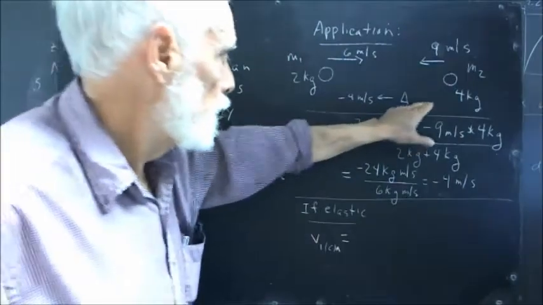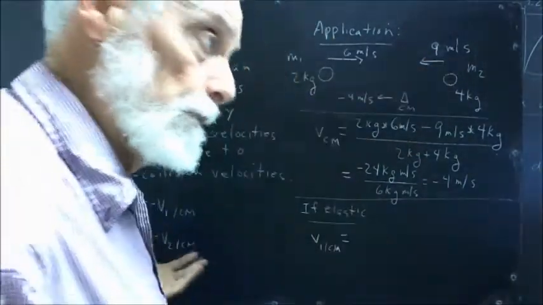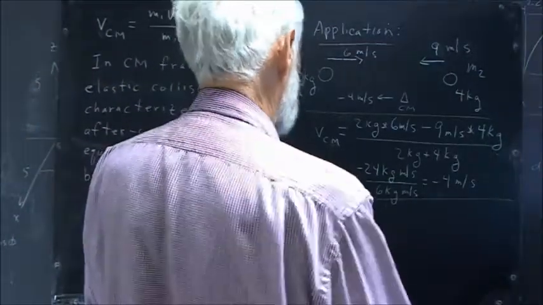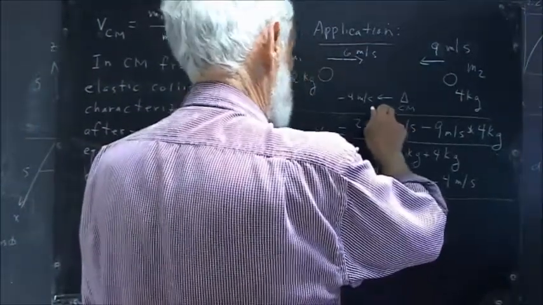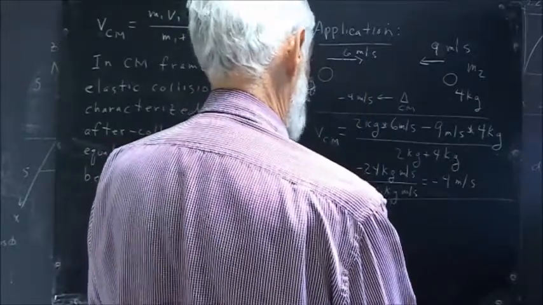Okay, well, relative to that moving center of mass, this velocity is plus 10 meters per second. That's obvious. We can, of course, get that by subtracting the velocity of the center of mass from the velocity of the object.